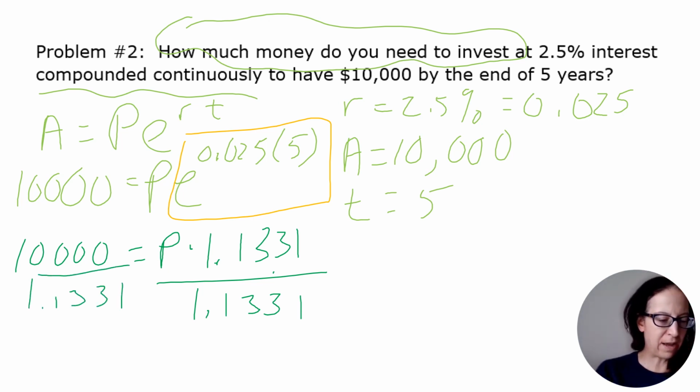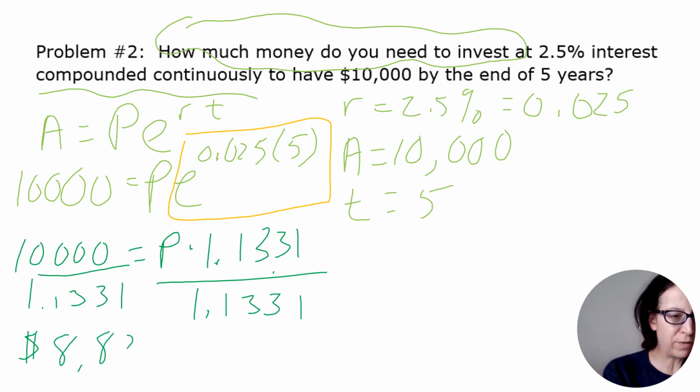My next calculation is going to be 10,000 divided by 1.1331, and it is telling me $8,825 and about 35 cents.